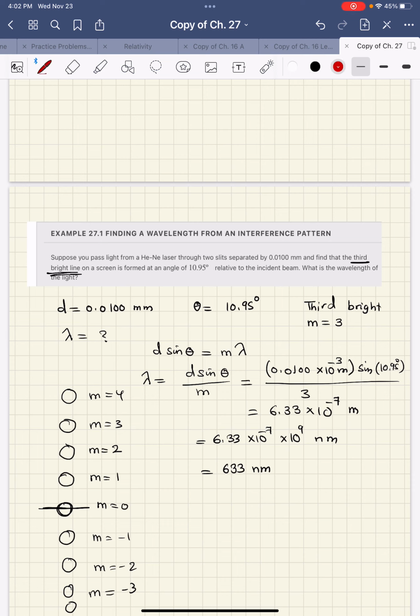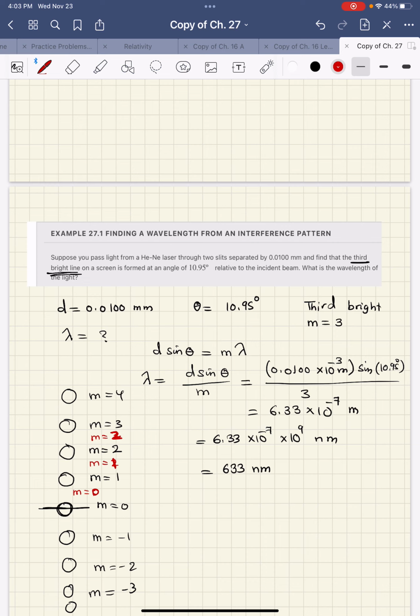This is for the bright. For the dark, this is m equals 0, and that one is 1, and that one is 2.